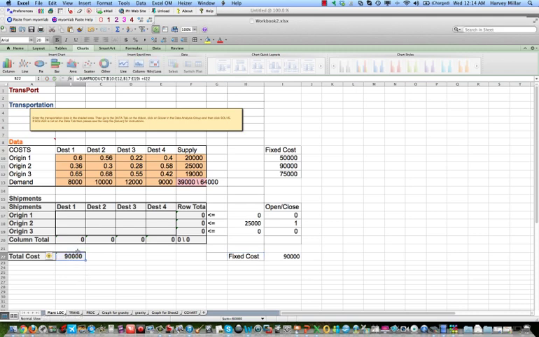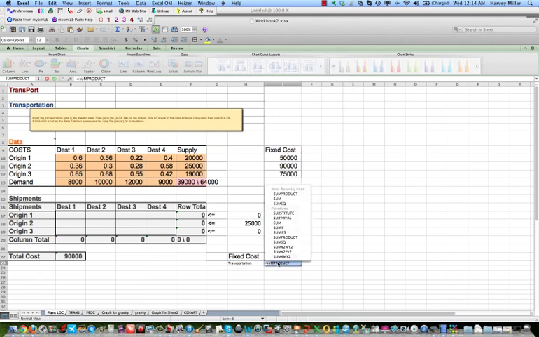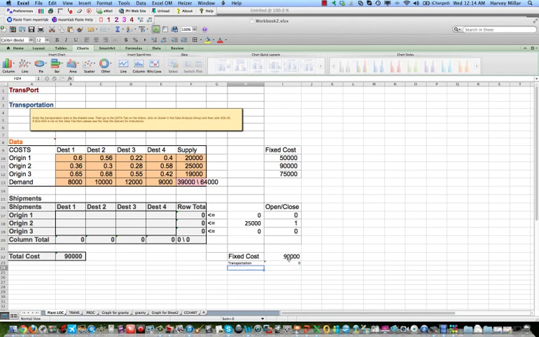Okay, so I could actually identify transportation costs, and it would just simply be the sum product of these values with these values. Alright, and so I could have said my total cost right here is the sum of my fixed cost plus my transportation costs.